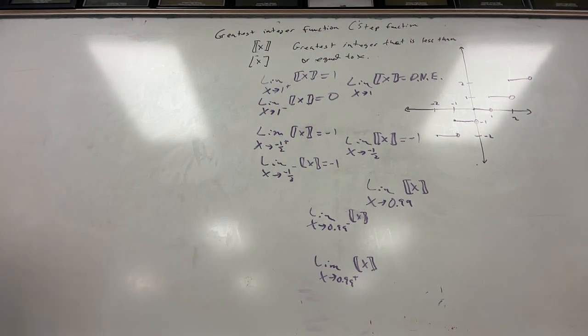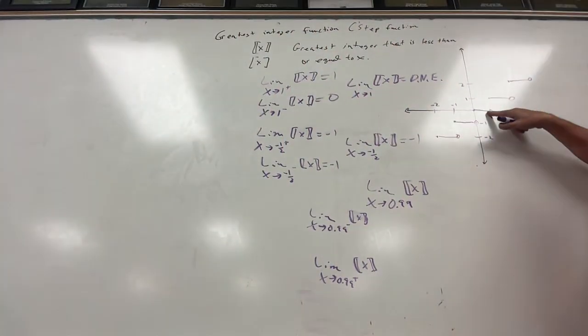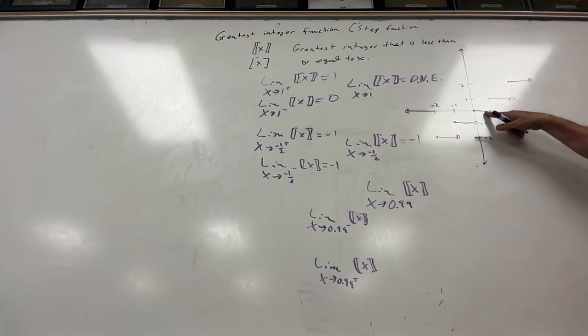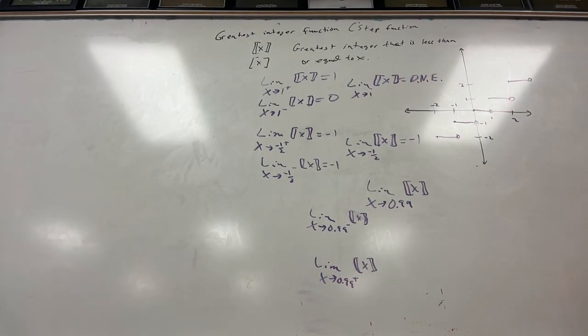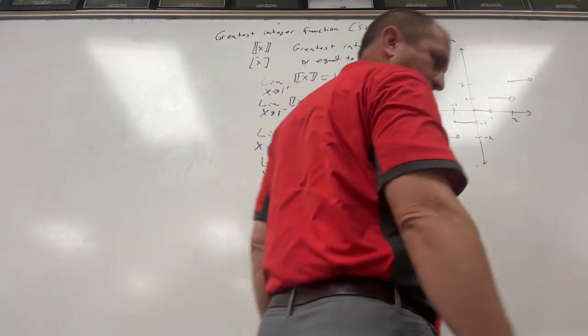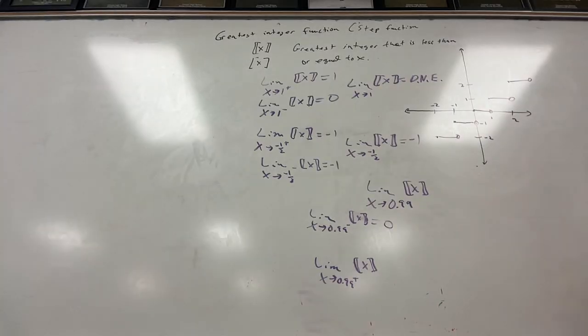So, here's 0.99. It's 0, right? So if I'm approaching from the left, I'm at 0. What about approaching from the right? 0.99? You sure? No. It is 0.